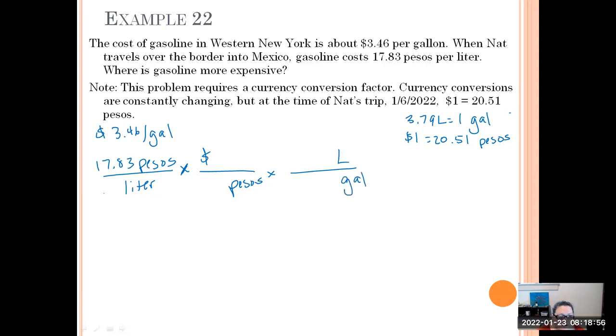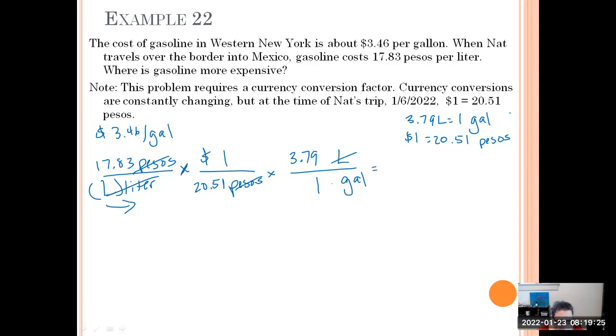So pesos to dollars is 20.51 pesos to $1. Liters and gallons, 1 gallon is 3.79 liters. Now we can multiply straight across. When we do so, the liters are gone, the pesos are gone, and we're left with dollars per gallon, which is what we're looking for.